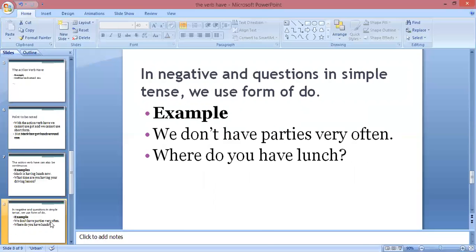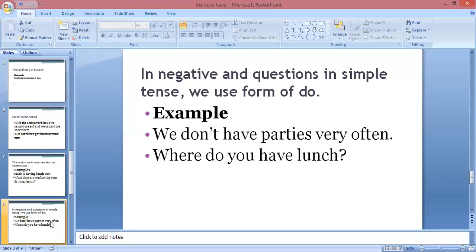Now the last use and condition is that in negative and question forms in the simple tense we use a form of do. As I already told you above, in negative and question form sentences we put do and does. So an example here is we don't have parties very often.